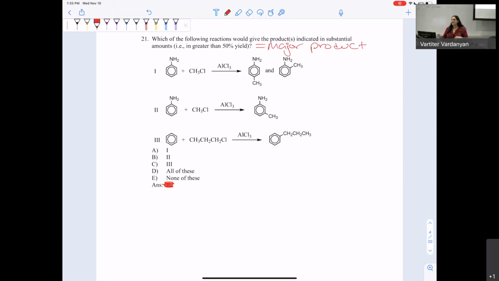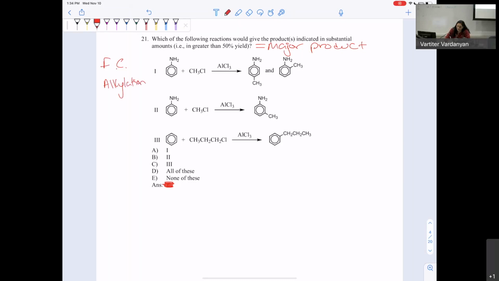So it's basically saying which of these are going to react and produce the product that's shown here as the major product, right? So all of these reactions, 1, 2, and 3, are what kind of reaction? They're all Friedel-Crafts, and they're all alkylation.